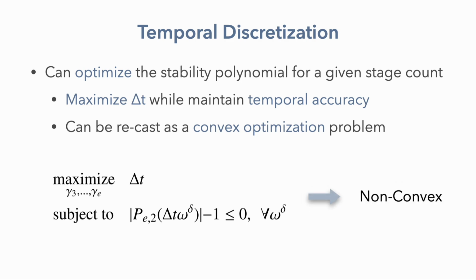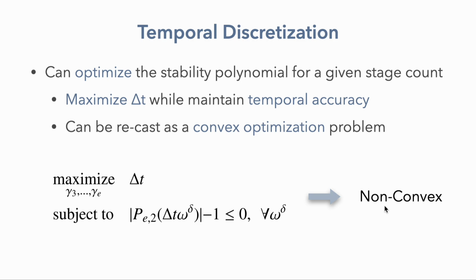So what we can do is design optimal stability polynomials for a given stage count. What we're trying to do is find the maximum delta t while maintaining temporal accuracy. And this can be cast as an optimization problem. So we're going to try to find the maximum delta t, basically maximize our time step size for a given number of active stages by changing the coefficients in the stability polynomial.